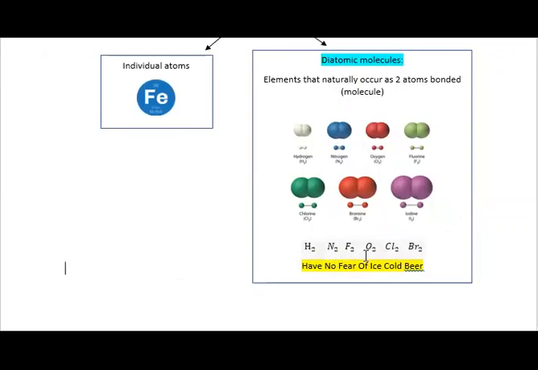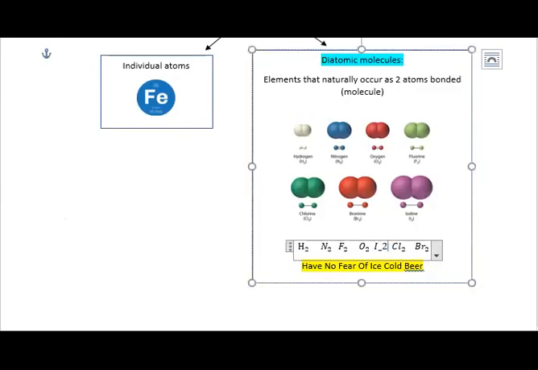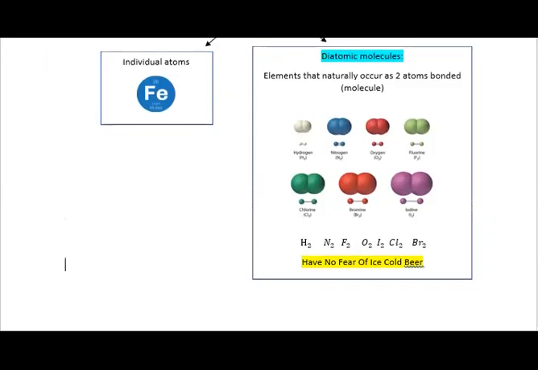Same for nitrogen, same for fluorine, oxygen, chlorine, and bromine. And you're never going to forget it if you remember the sentence here. Oh, and I actually forgot iodine. Iodine is just an I with a 2 at the bottom.